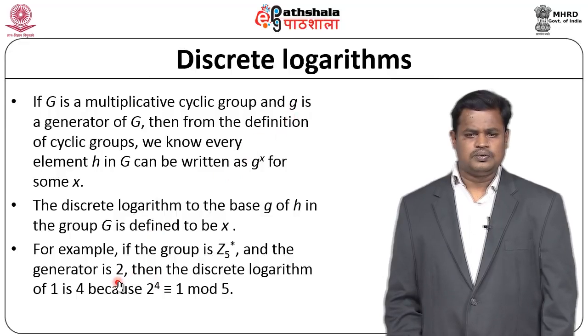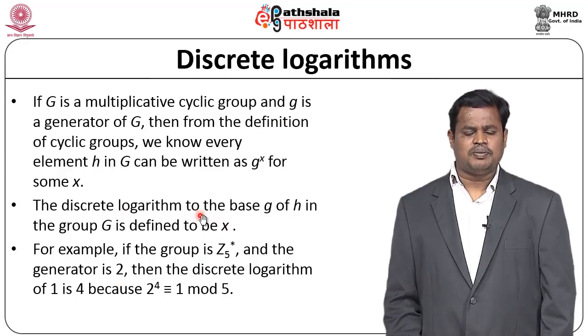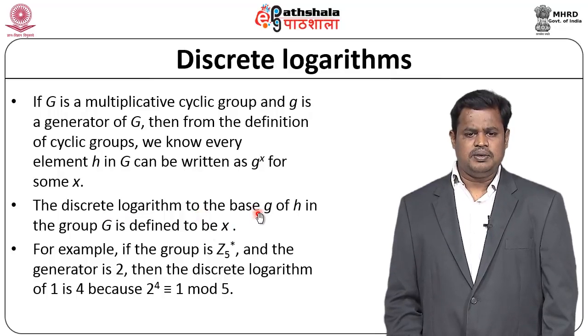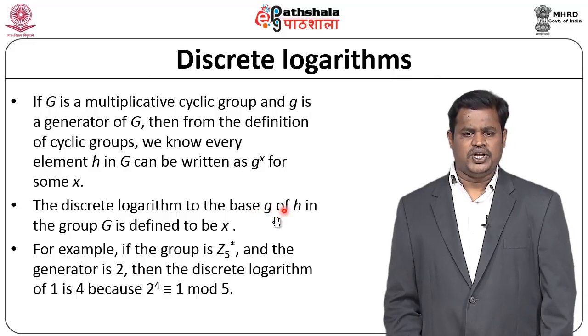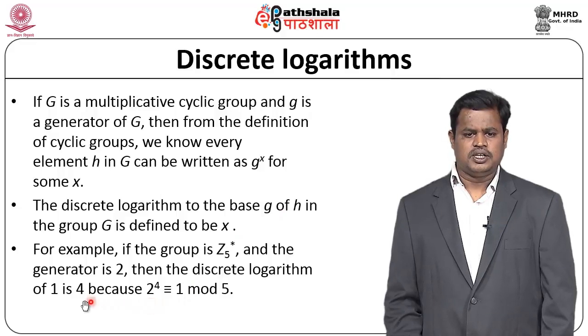Then what is the discrete logarithm here? We can understand that G is 2, the base G of H, what is H? Here it is 4, congruent to 1 mod phi.